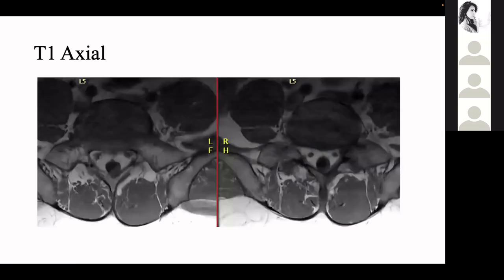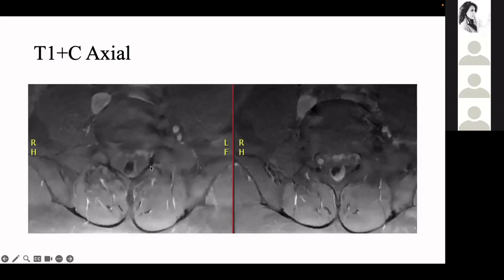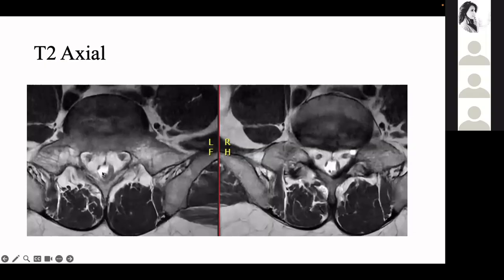So a spine MRI was also done. These are the T1 axial images, Dr. Shah. All right, so these are the T1 weighted images. Here you can see hypointense, relatively isointense area in the distal thecal sac. Okay, so on T2, you can see that this area appears hypointense in the distal thecal sac, and it is not matching the signal intensity of the primary tumor.